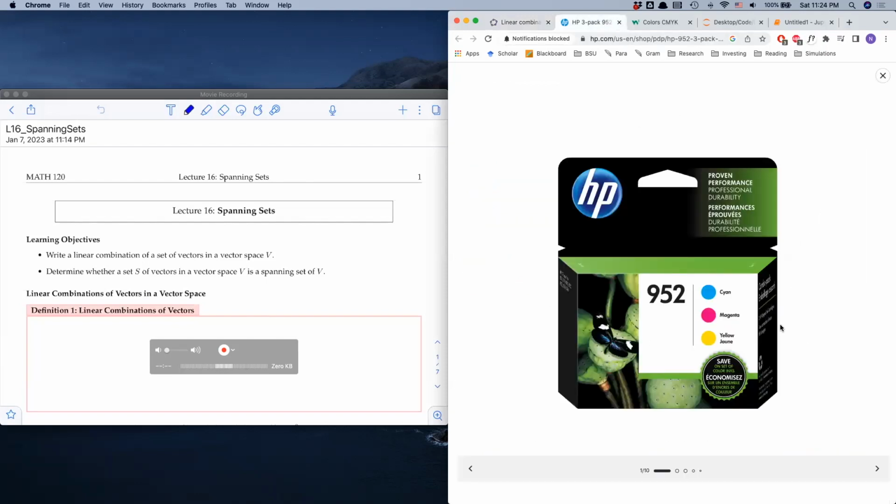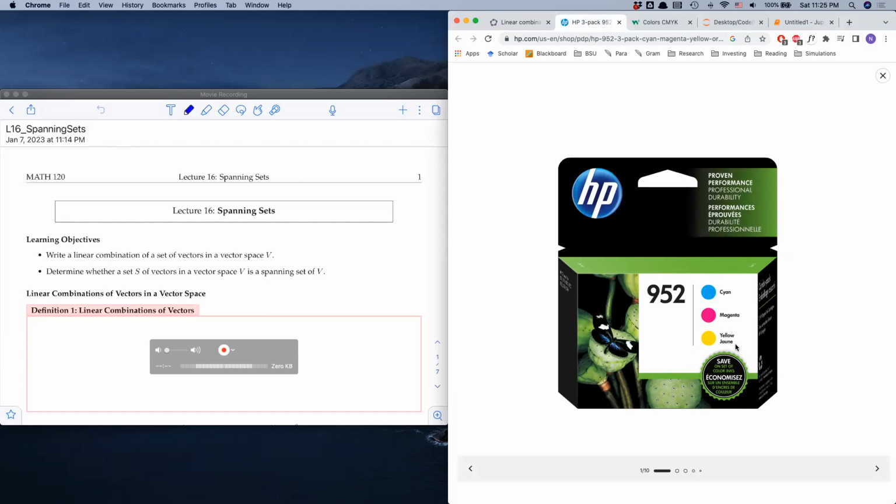So this is the pack of the toner that you put into a printer, right? All the colors that you see in a printout are linear combinations of the three main colors: cyan, magenta, and yellow.